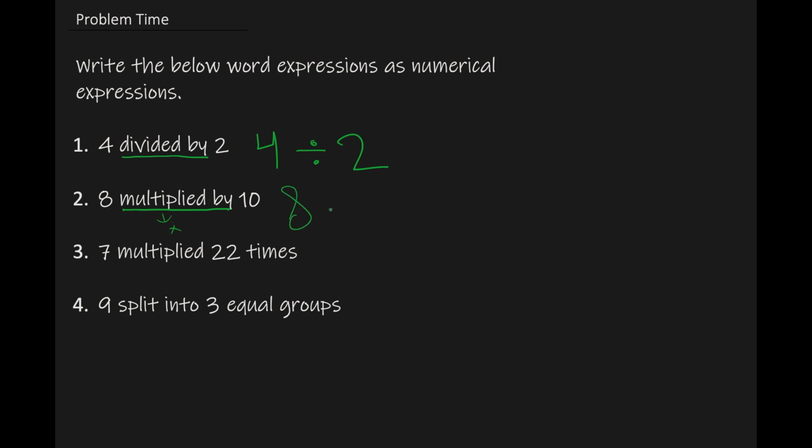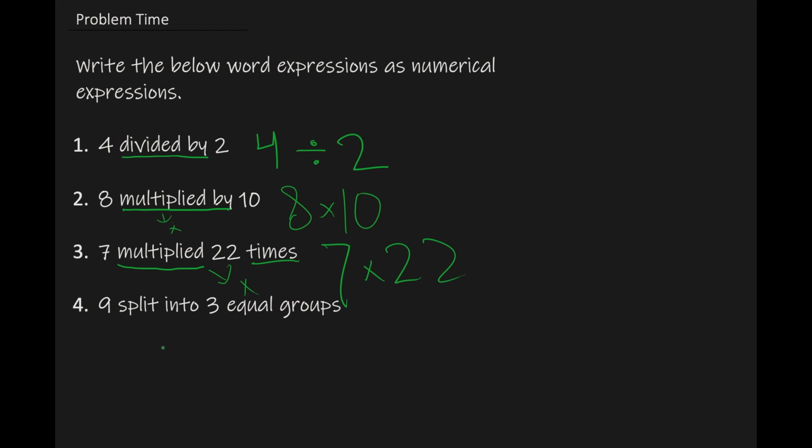So 8 times 10. Then this 7 multiplied 2 times also means multiplied by, so that takes the place again of that x, so 7 times 2.